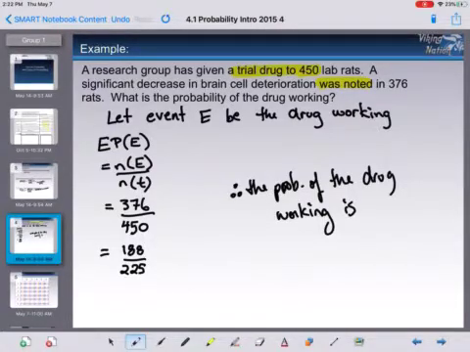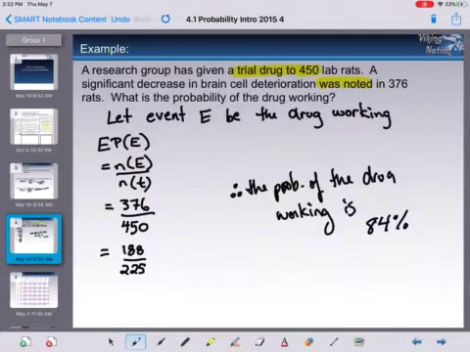Like 188 over 225, in order for my brain to conceptualize what number that is, I actually convert it a little bit in my head, right? I might convert it to a fraction I know about, so it's around 3/4. But I'm having to do those weird comparisons in my head, whereas the percentage is 83%. My brain has a pretty good idea of what 83% is. So when I round appropriately, it is 84%. Make sure you round properly.